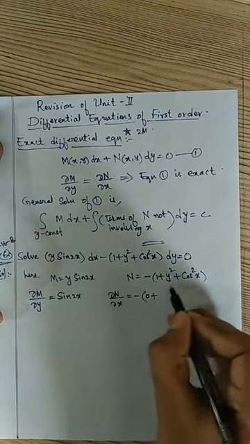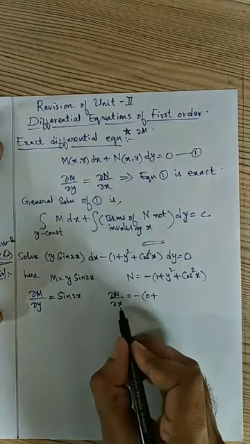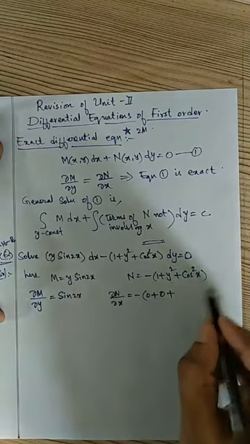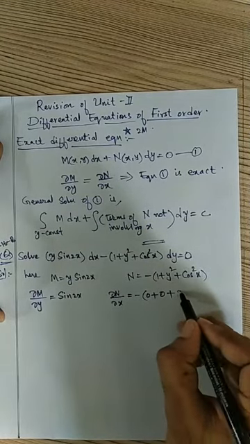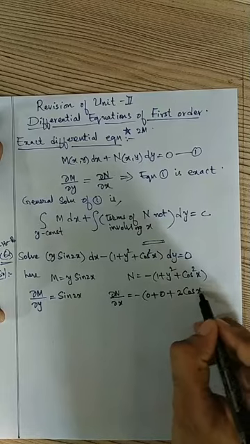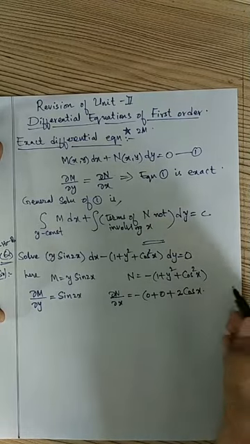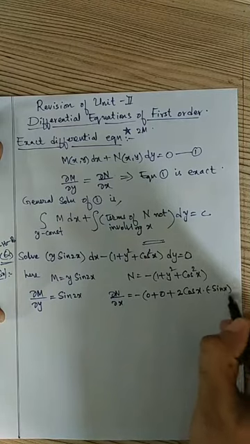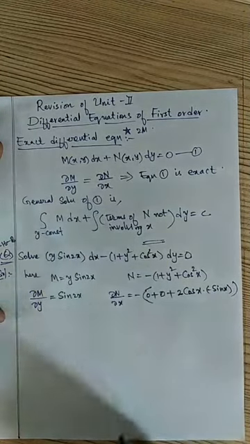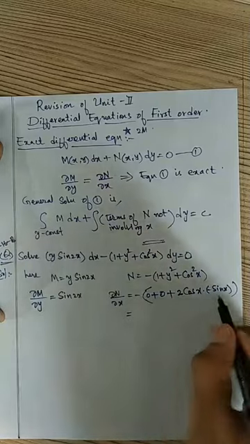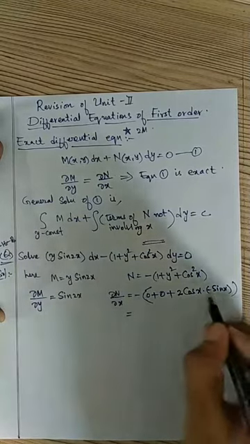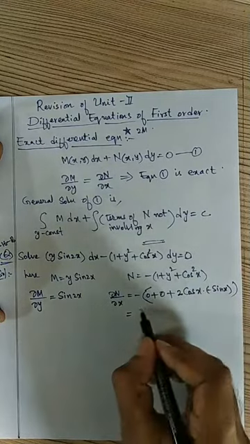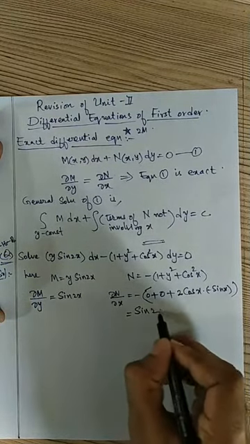Now we find ∂N/∂x. Minus as it is, derivative of 1 is 0, plus y² is treated as constant because we are differentiating with respect to x, so again 0, plus cos² x, whose derivative is 2 cos x times the derivative of cos x, which is minus sin x. If you simplify, minus and minus become plus, so 2 sin x cos x, which is sin 2x.